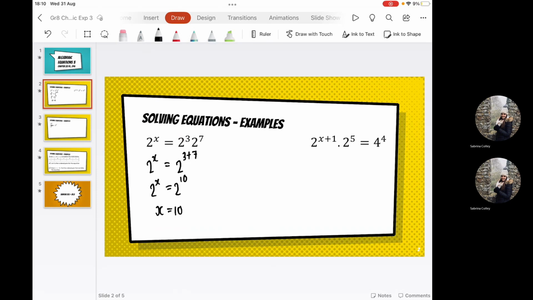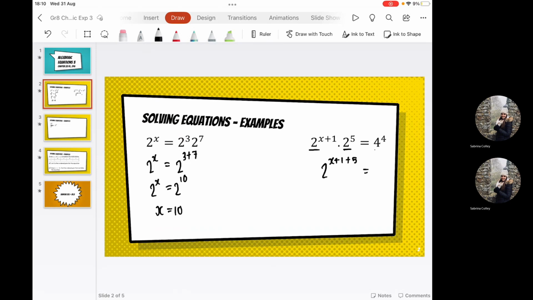Okay, let's look at the second example. First things first, we're going to use our exponential laws. Since these two bases are the same and they're multiplying, I can add my exponents, so it will be x plus 1 plus 5.